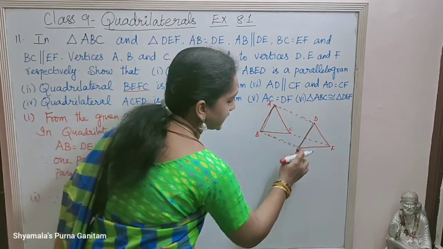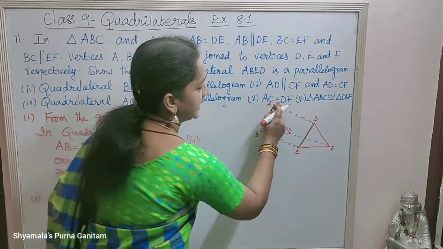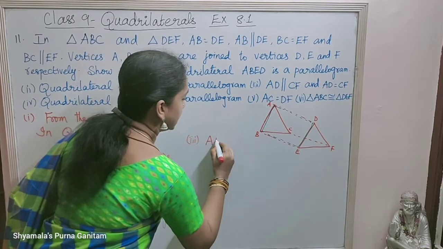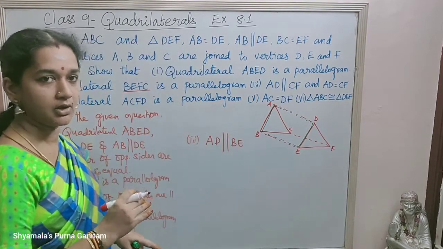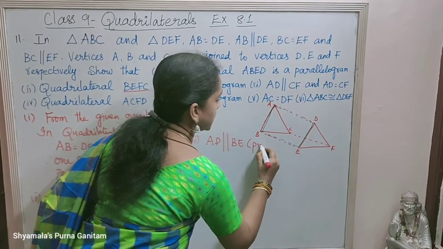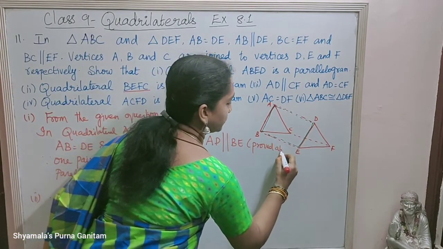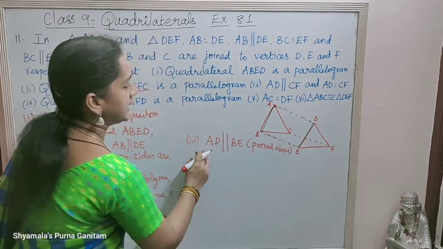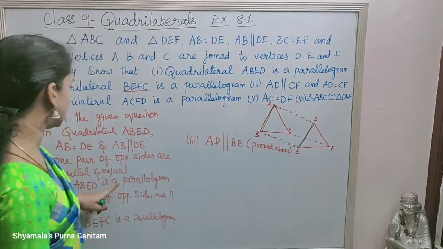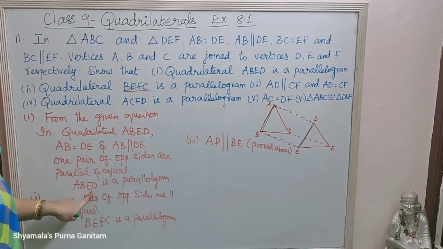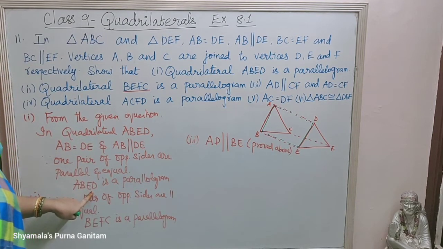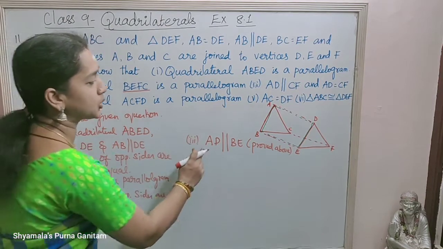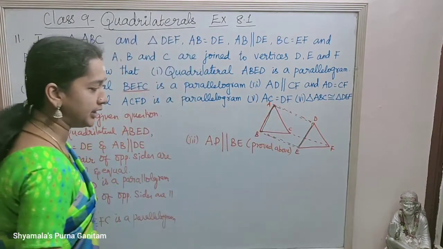So the opposite sides of this parallelogram, AD parallel to BE, as proved above.